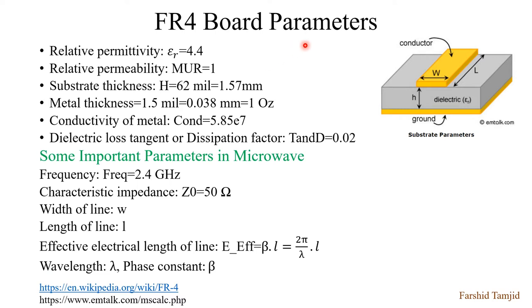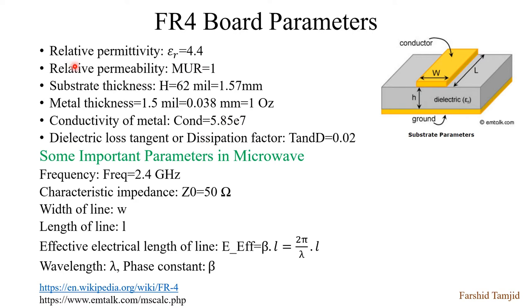Okay, FR4 board parameters. There are different types of boards. Let's say Rogers has a very good loss tangent. We have FR4, which is almost the cheapest, and it's good for students. I used to use this board a lot in my designs. So we have some parameters. To find these parameters, you can just Google FR4 board parameters or characteristics, and it will show you these values.